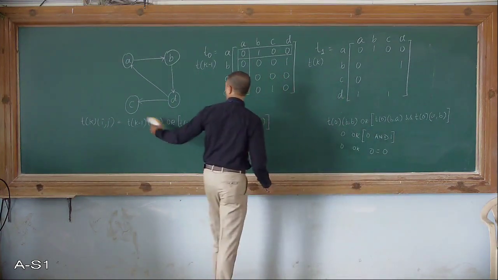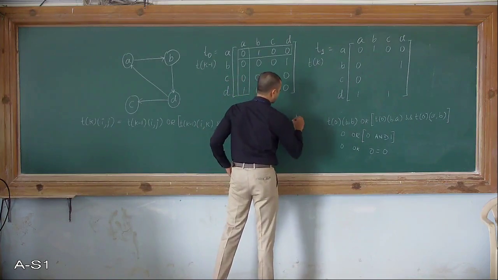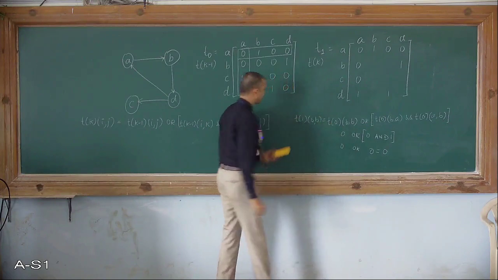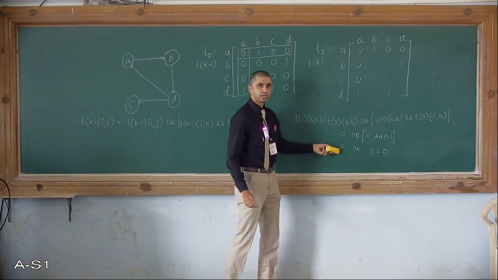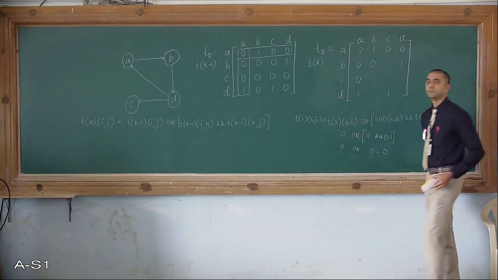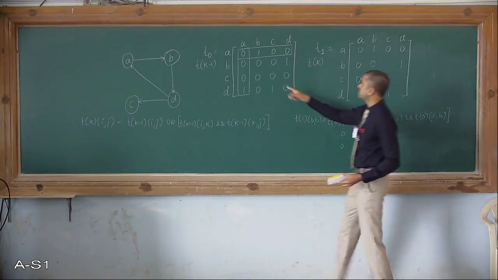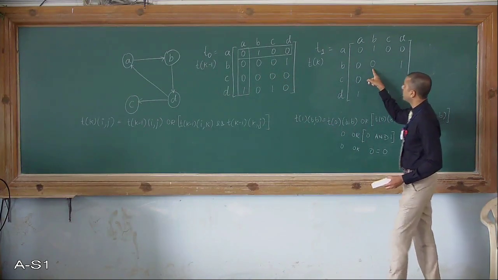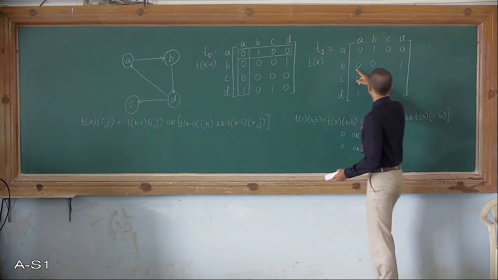So in T of k, that is T of 1 b to b, I'm going to write the value 0. I tried to convert this 0 into 1, but no, it still remains 0. There's one more 0 over here, b to c. Let's try to convert it.